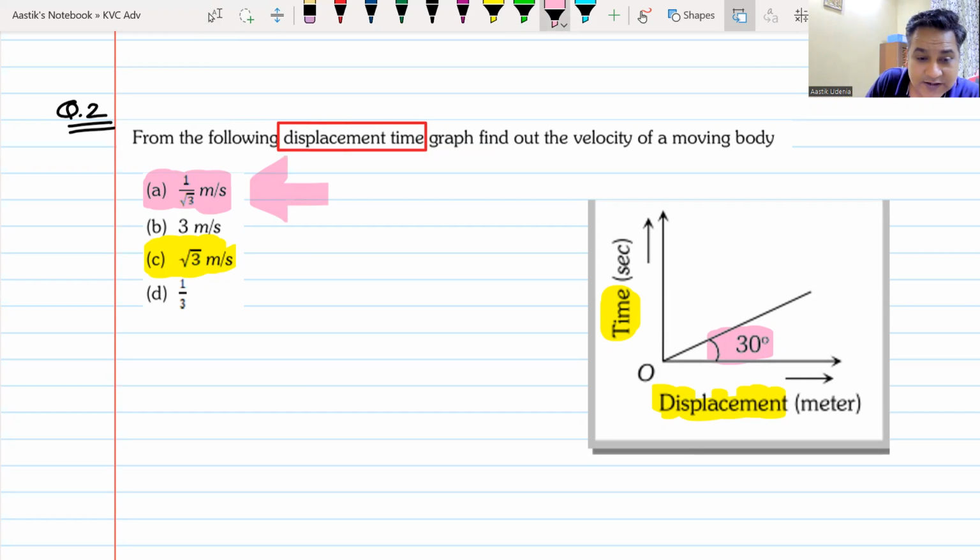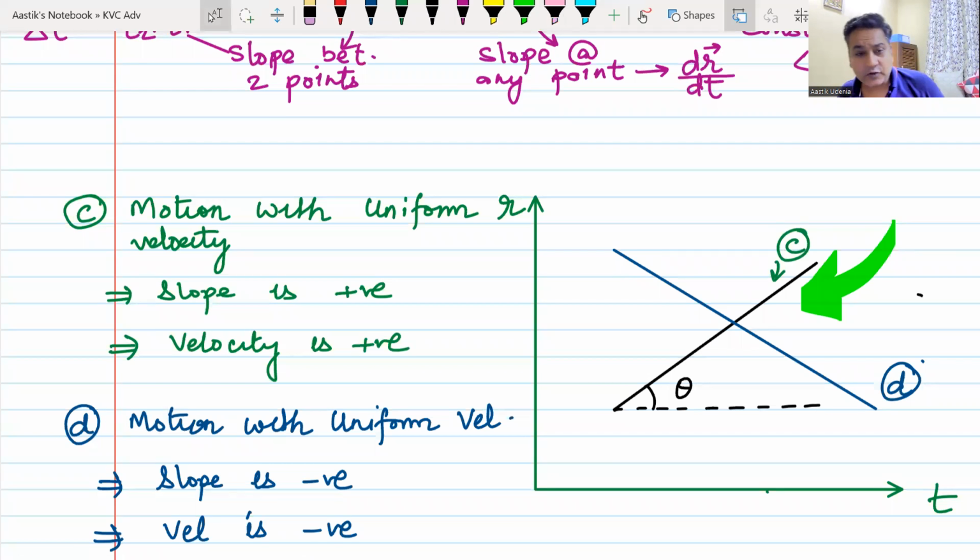If I go back, and the reason for doing this question was this thing only. Now Shruti has also changed the answer. Anyways, if I go back, yes, it's the reverse, Kaushik. Remember, this angle theta is the angle that it makes with the time axis, not with the displacement or the position axis.